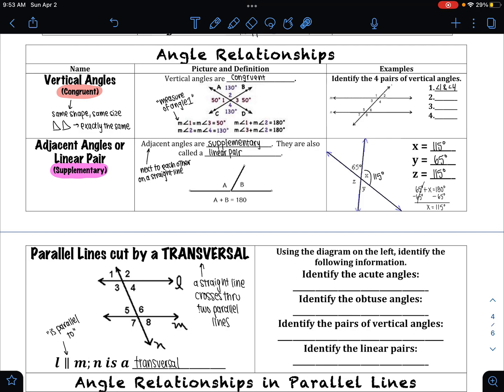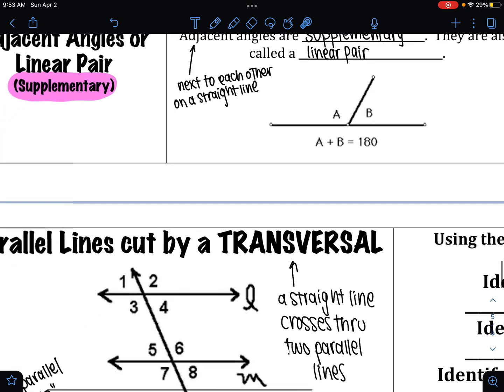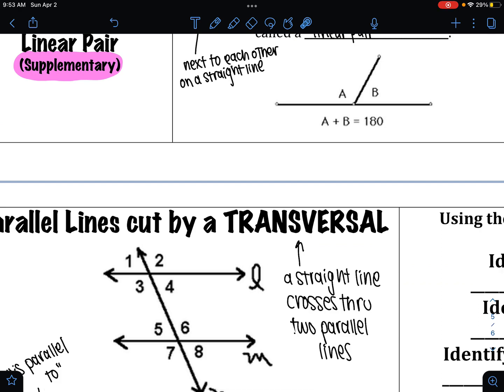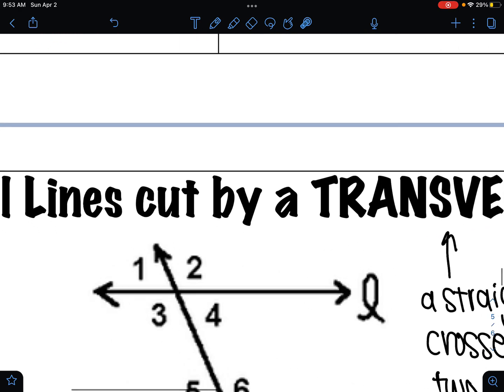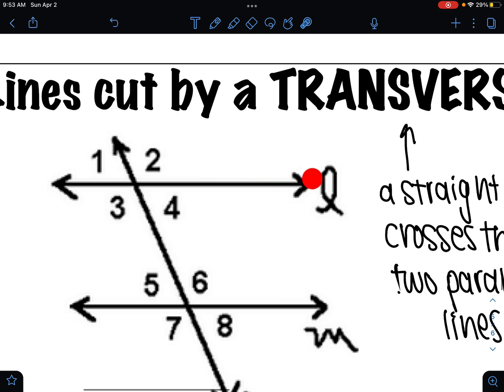The linear pairs, on the other hand, are going to be the ones that are on a straight line together. So one example of that would be on this straight line, this parallel line, cut by a transversal. So I want to think about the ones that are on the parallel lines that are being cut, essentially.